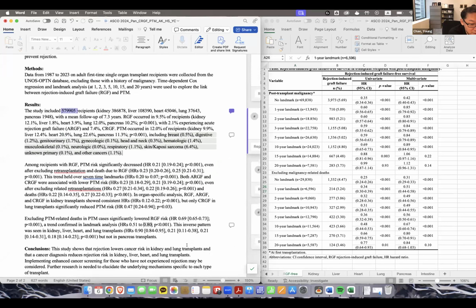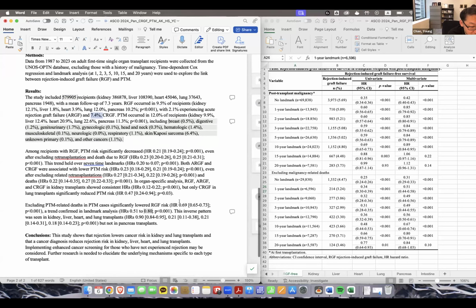Acute is 2.1%. And chronic was nine. Wait, combined is 9.5, acute is 2.1, chronic is 7.4. Okay. And then next paragraph is combined PTM risk. Did you do chronic only with the same analysis?